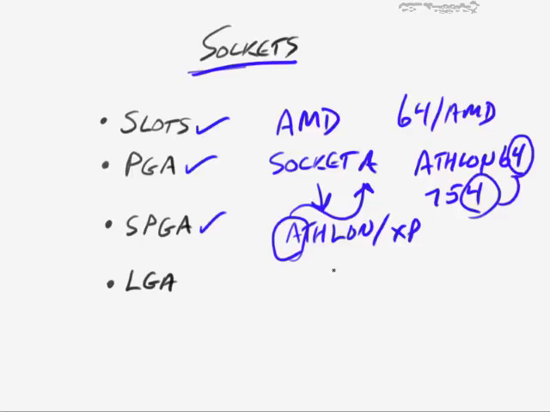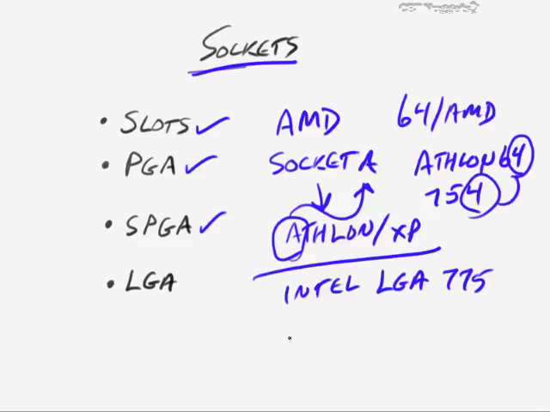For the Intel processors, let me make some more space here. For Intel, there's a number of different ones as well. In fact, there are so many different sockets that you're not really expected to memorize them. But these are some key ones that I would keep in mind. For Intel, you would very often have a land grid array, or an LGA 775. That's a current kind of socket that I'm using, in fact, to record this video with my processor. So new systems are likely to have this or some form of that.